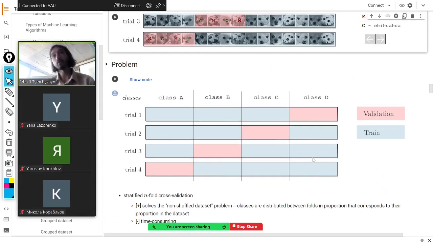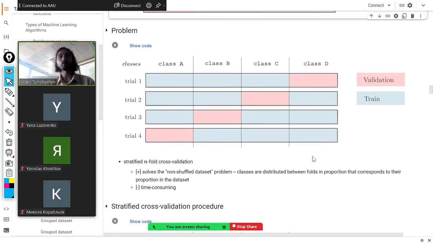So-called stratified cross-validation. Once again, if your dataset is not mixed well enough, you may still get into trouble with all that cross-validation stuff. If you are really unlucky, here is one example. Say you have 4 classes in your dataset.